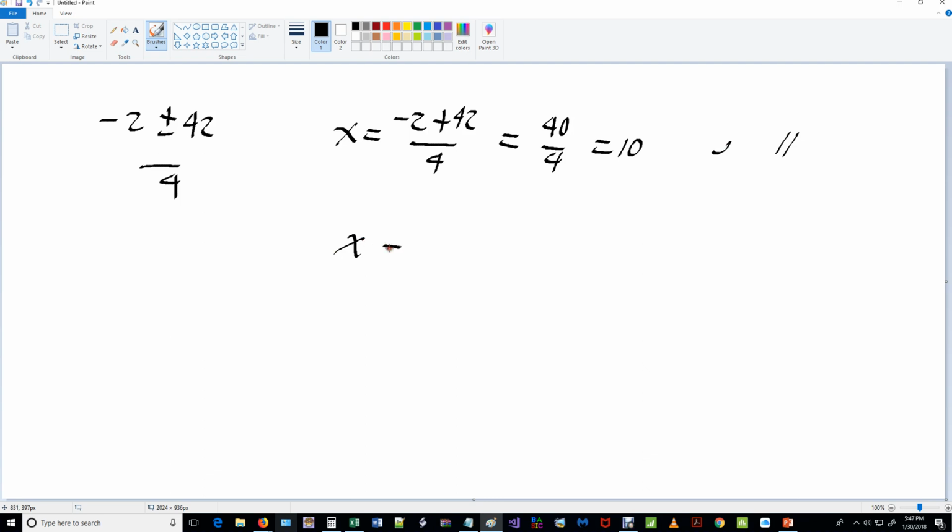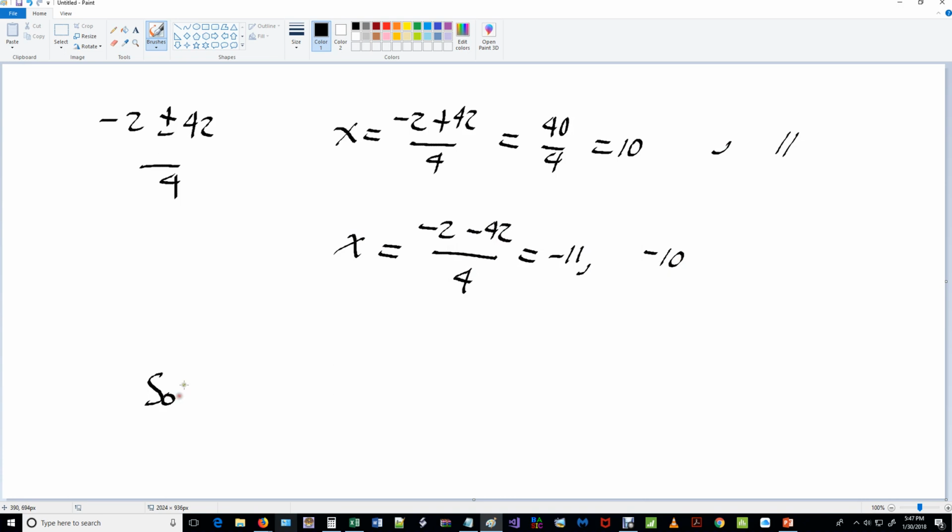There's actually another solution. Let's see. Minus 2 minus 42. If we use the minus as well, you get minus 44 divided by 4. You get minus 11. And what's the next one? Minus 11 plus 1 is minus 10.